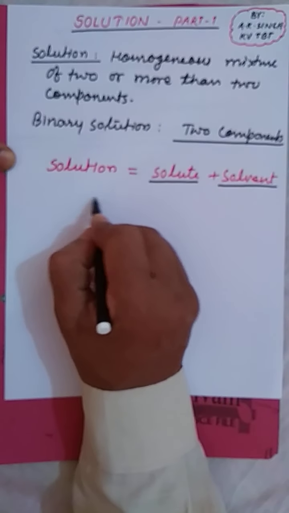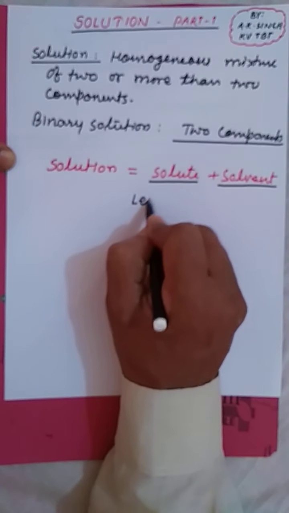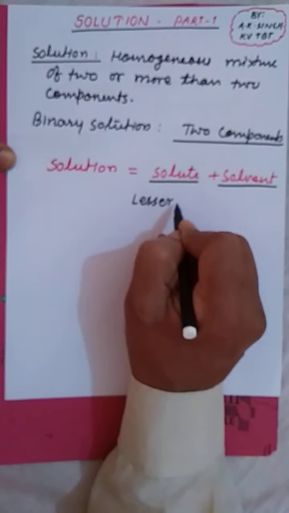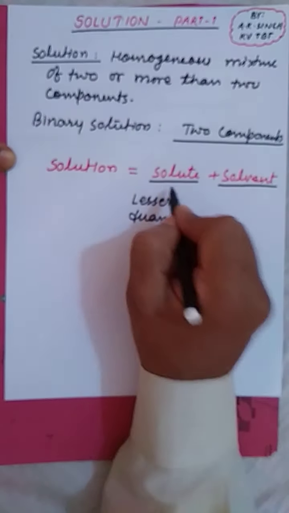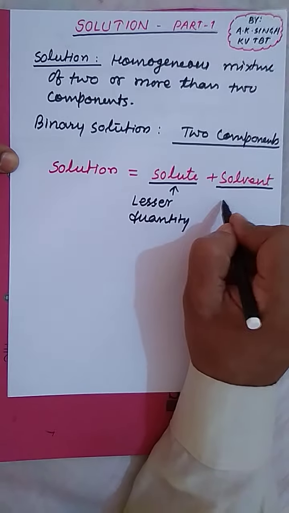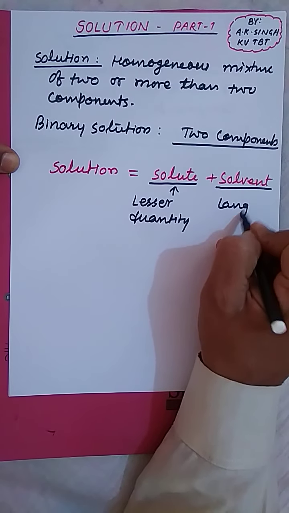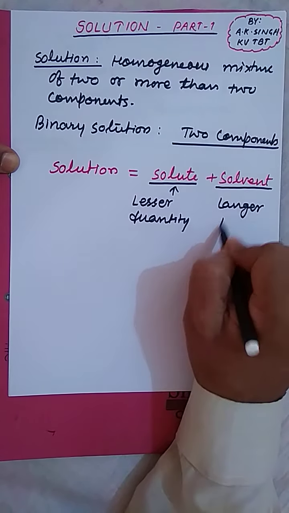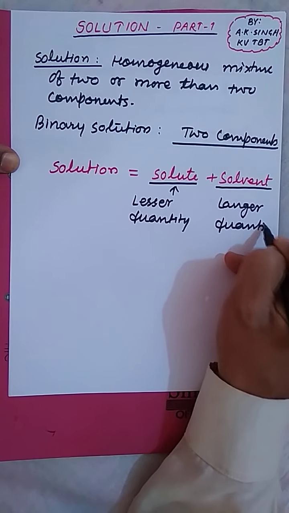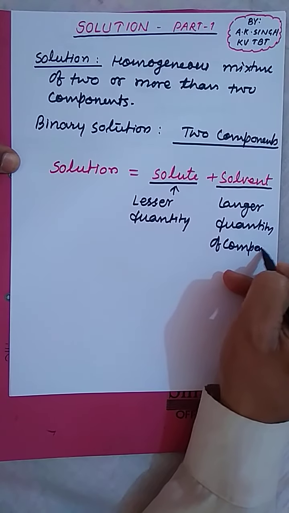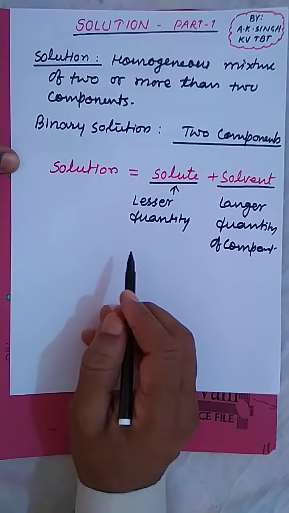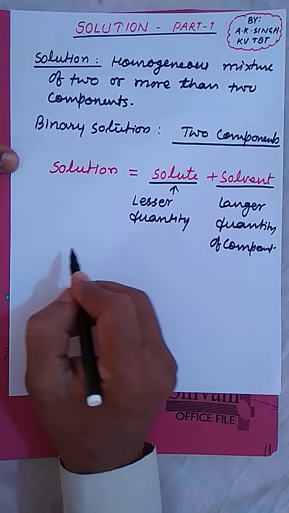The component which is in lesser quantity is called solute, and the larger quantity of component is called solvent. But it is not always.